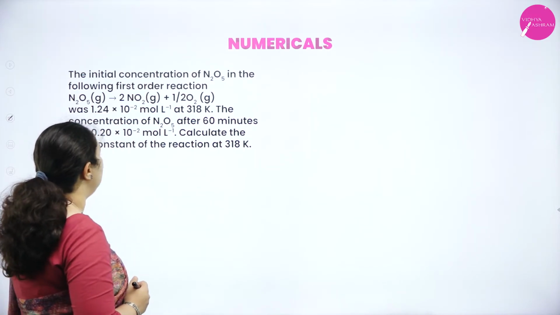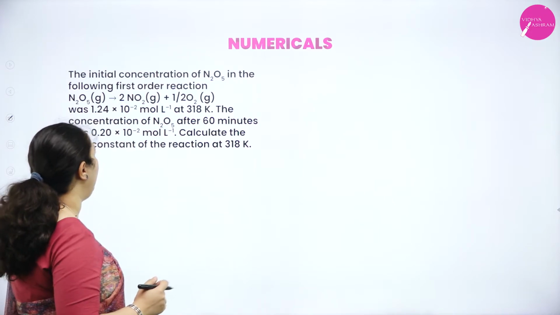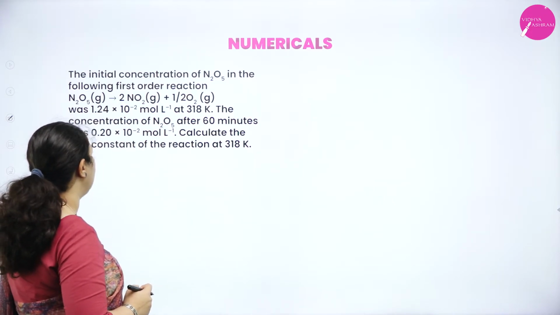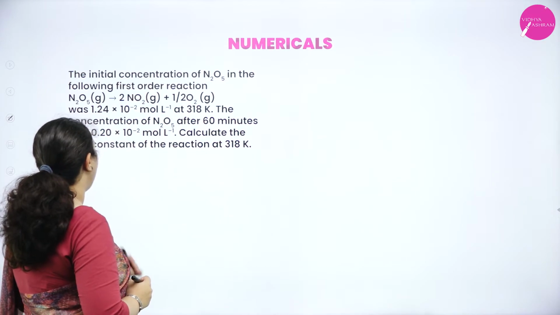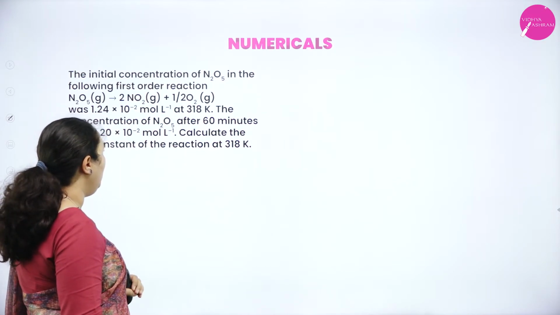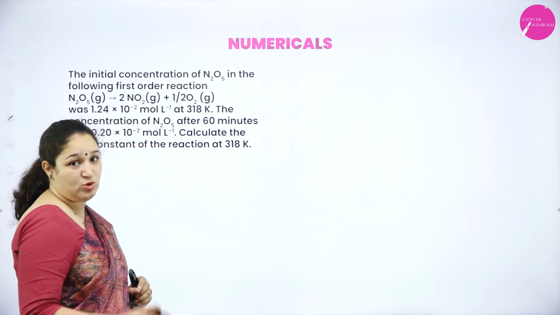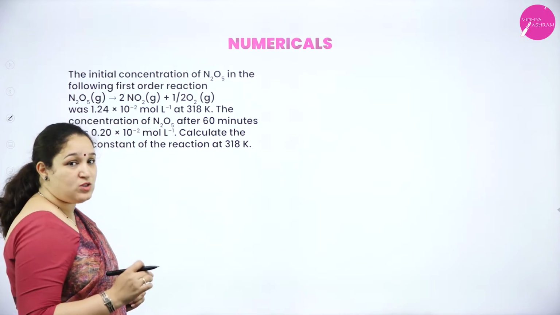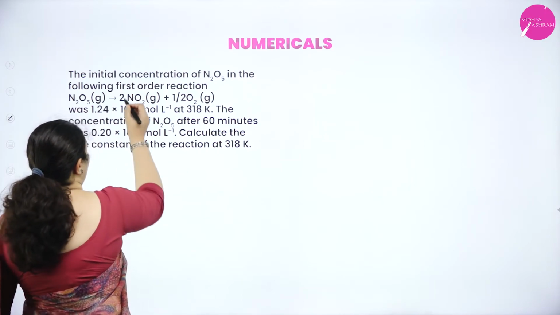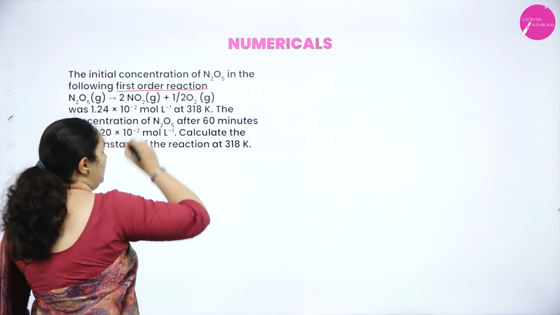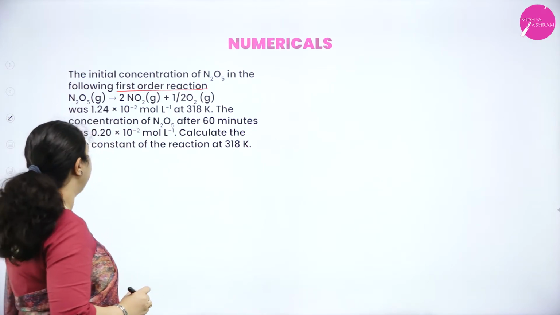The initial concentration of N2O5 in the following first order reaction, N2O5 giving 2NO2 plus half O2. So, the equation is given. Also, what is given here? They have told it is a first order reaction. Okay.